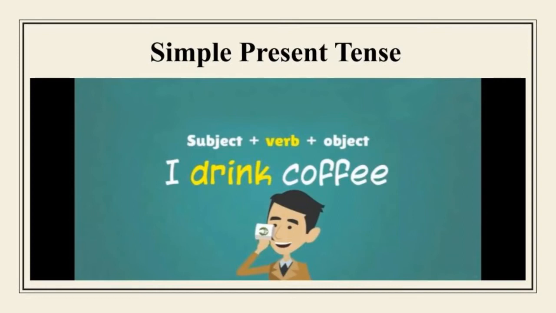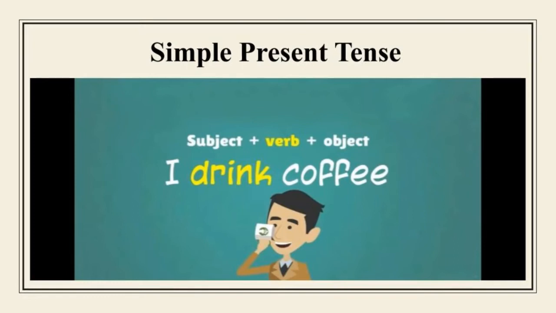For first person pronoun or second person pronoun, we just use the verb as it is. But for third person singular, we should use either s or es.